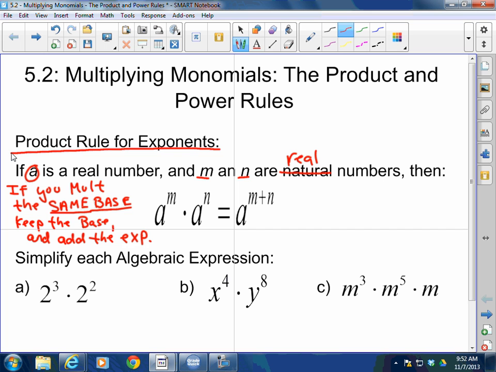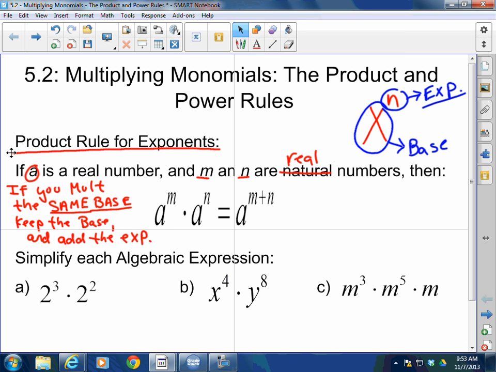Now, what is he talking about, base? Whenever we have a value and an exponent, the actual main value is called our base, and of course the N is the exponent. I know we had a lesson on this earlier in the year, but just in case: the base is the number being raised to the power.